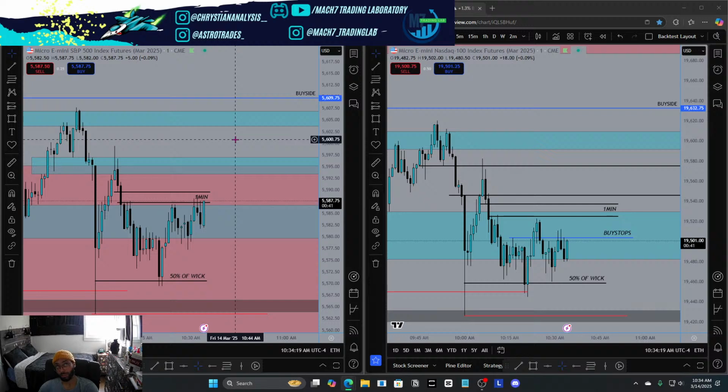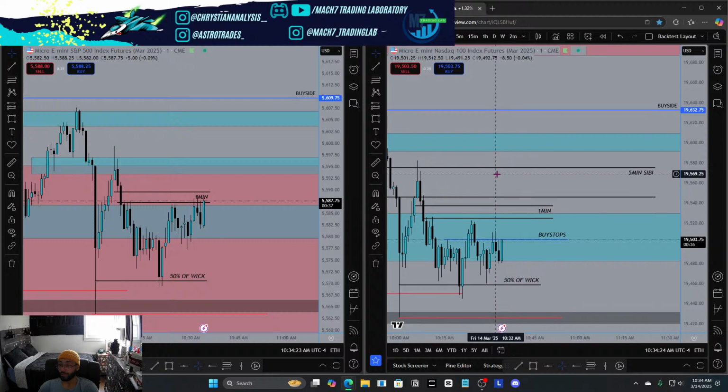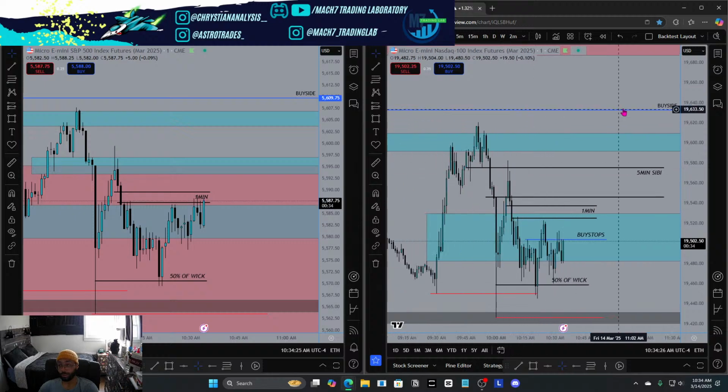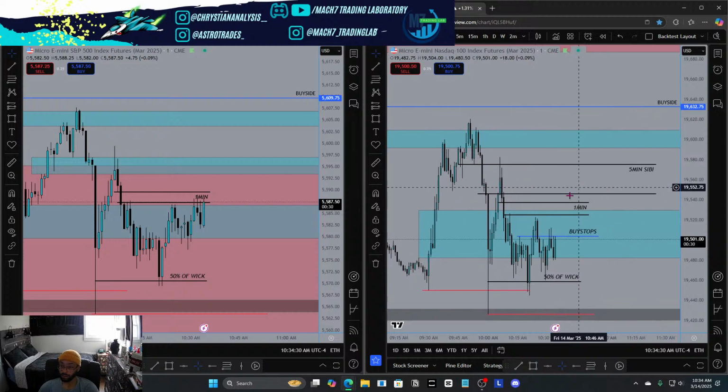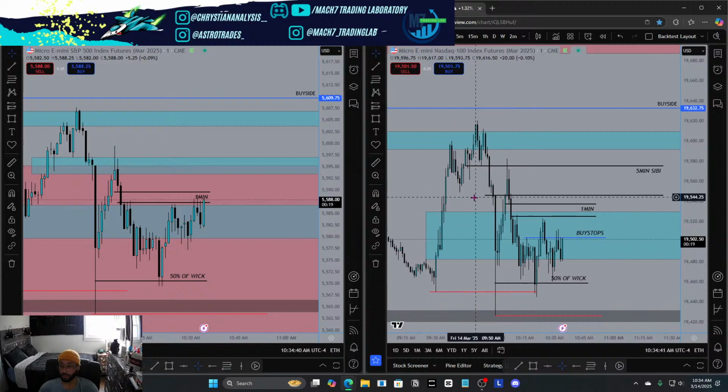So let's see. It's possible, but we're going to have to do a lot. You literally just see the struggle of NQ right now, and ES as well, but she's doing way better than NQ in terms of moving upwards.